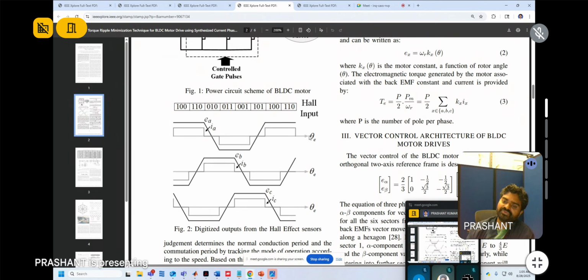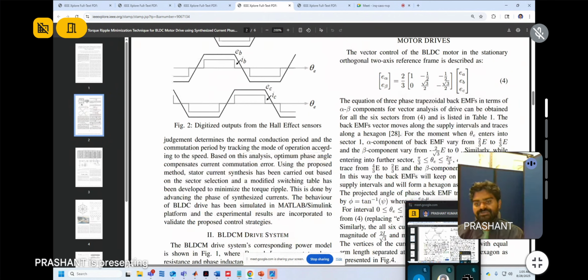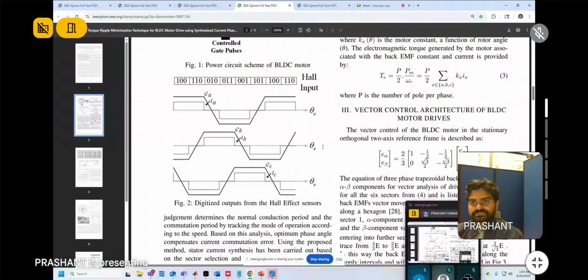So again from speed we need theta. In that case we can use either differentiation, d by dt, or integration, 1 by s, to obtain theta or omega. So sometimes it is d by dt and sometimes integral, like that we can obtain theta.